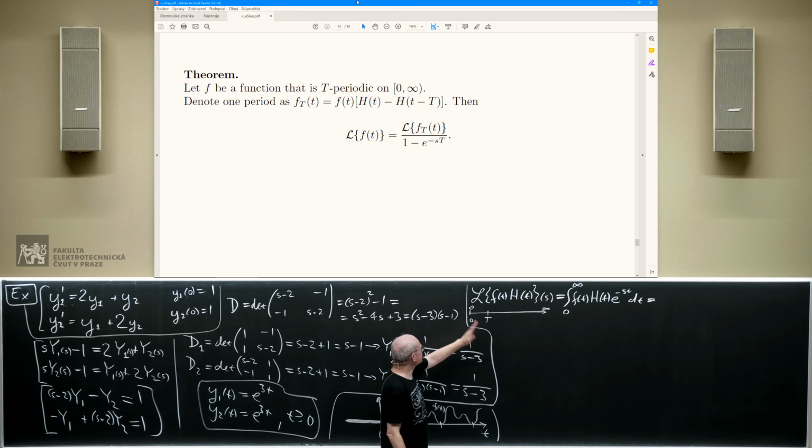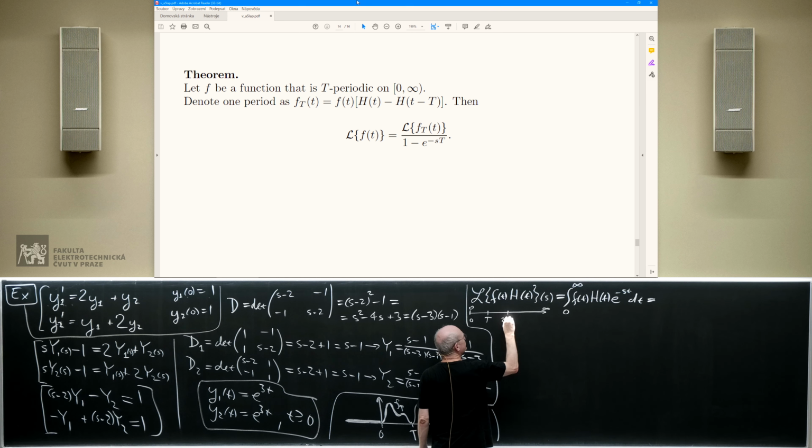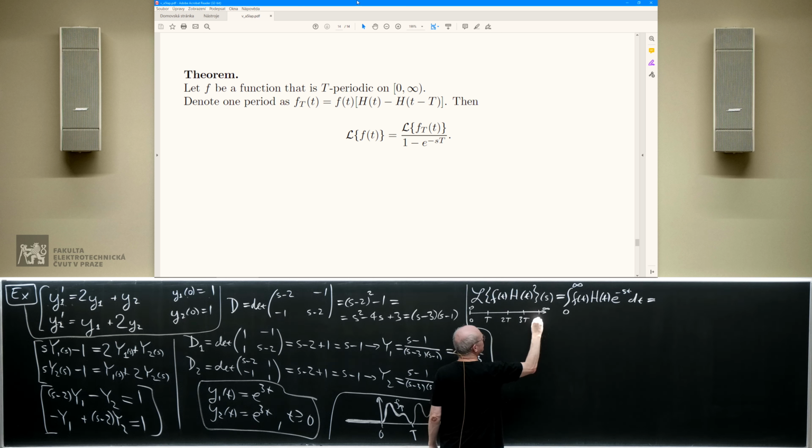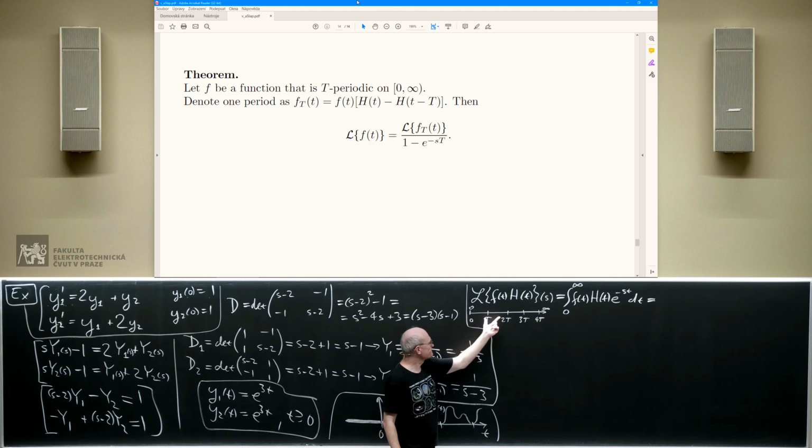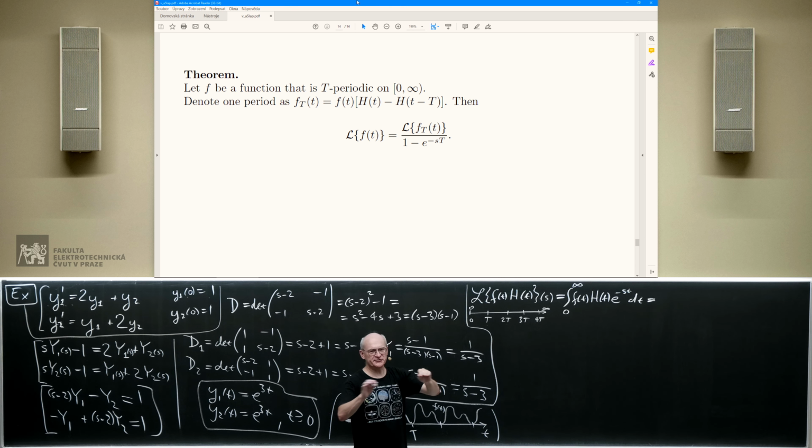We are integrating over the interval 0 infinity, and there's this basic interval 0 to T. I'm going to split this infinite interval into infinitely many intervals of length T. So it's easy to figure out how they look, if they're all supposed to have length T. And I split the integral over this whole thing into integrals over the individual intervals, so it will be infinitely many integrals which we will be summing up.